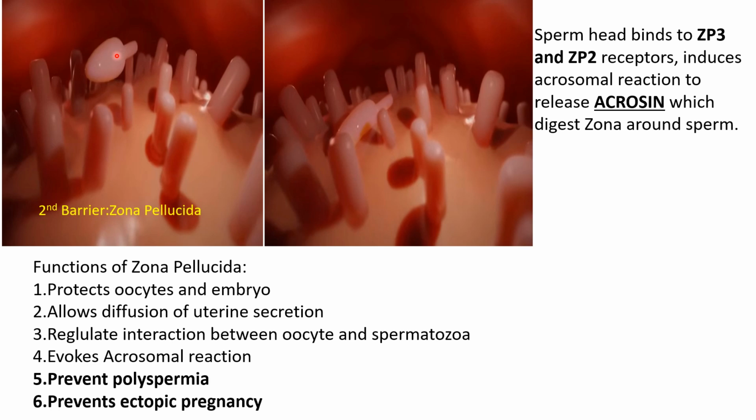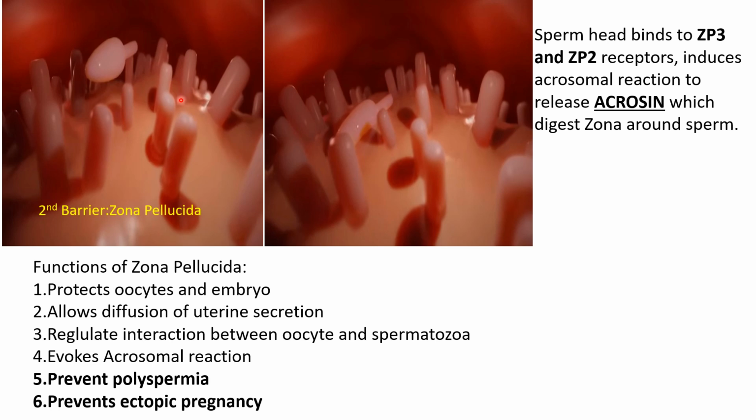Here you can see the head of the spermatozoa binding with the ZP2 and ZP3 receptors. This will induce the acrosomal reaction, and it will liberate a proteolytic enzyme called acrosin. This acrosin will digest the zona pellucida present around the sperm head, and it will allow the entry of the sperm into the perivitelline space.